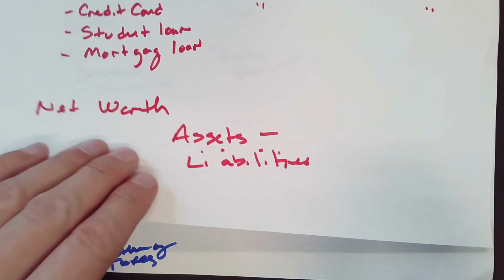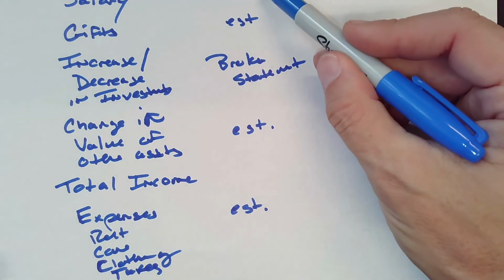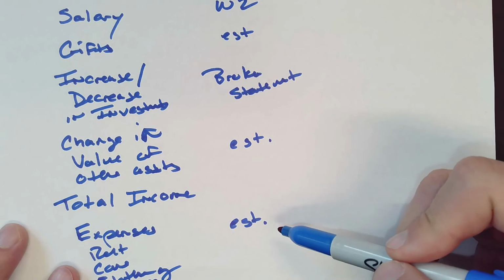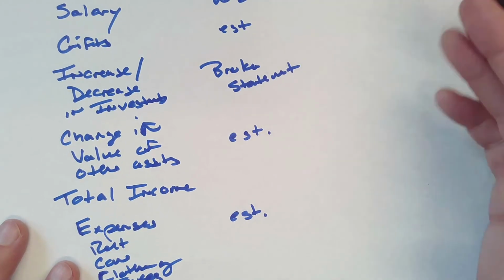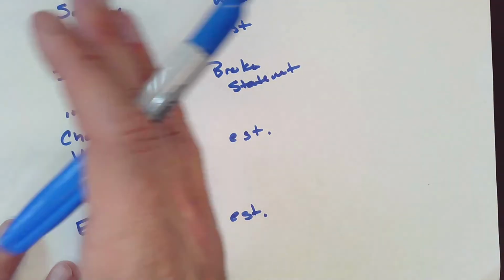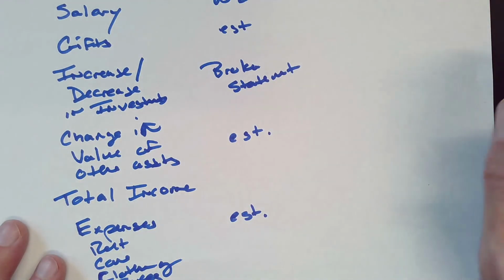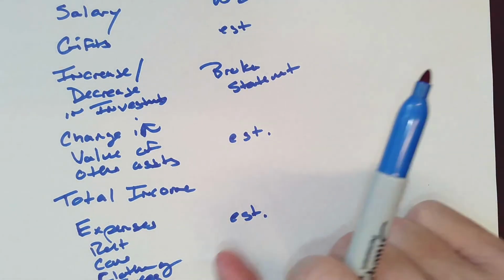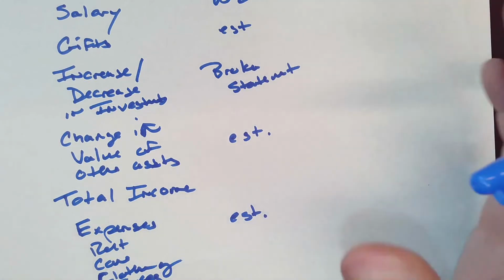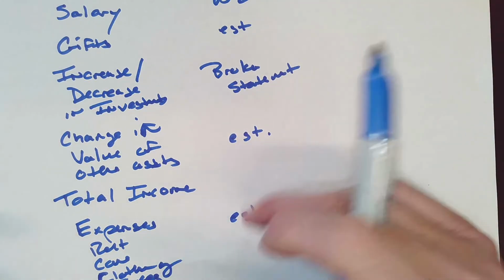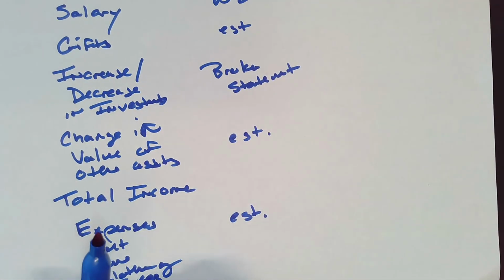Because what you're going to find is that this income statement should translate somehow to your change in net worth. And as a result, you may end up having something called other income or other expense that tries to explain that change in net worth.